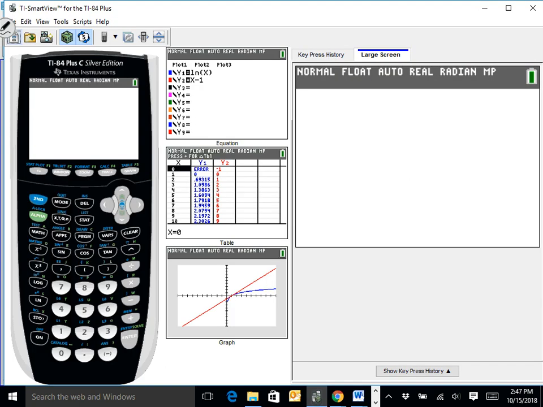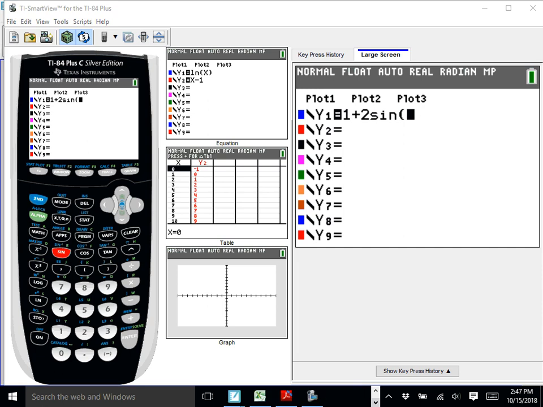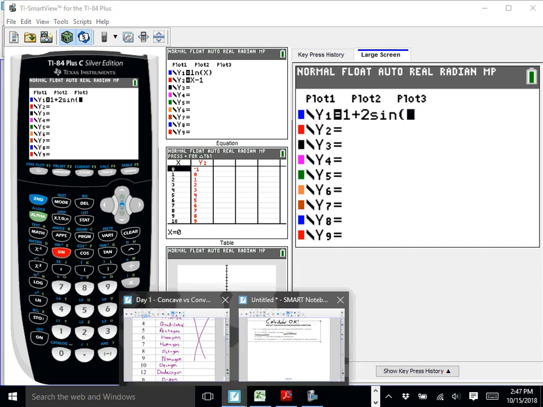First off, I need to make sure my calculator is in radians, which it is. Now I'm going to go to y equals, type in that function, and clear all the other stuff that's in there. My function is 1 plus 2 sine of t squared over 2.